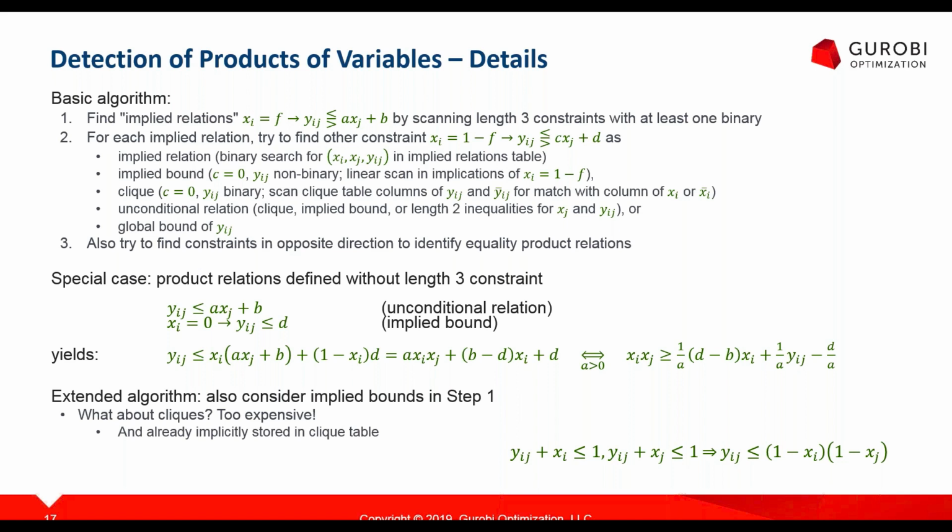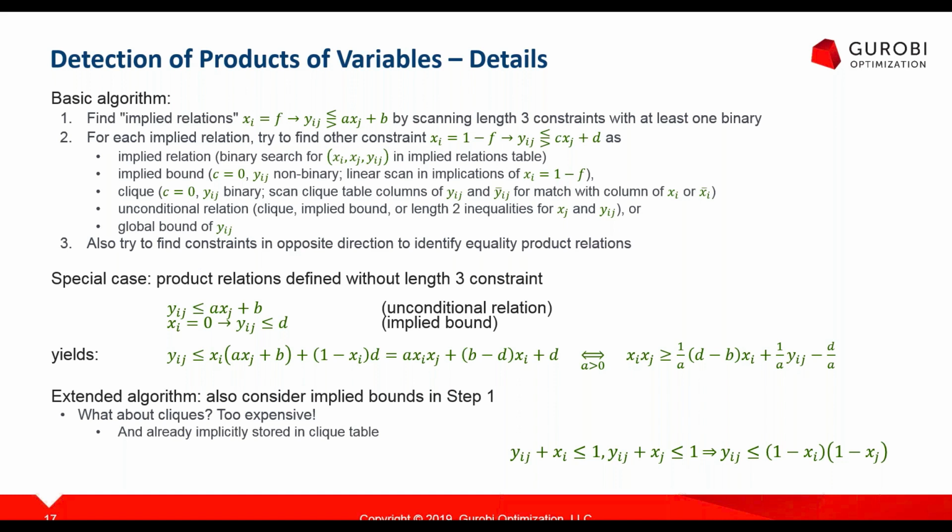Question is, how can we detect it? Because we don't have any length 3 constraint to start with. But we can start with the implied bounds that we have stored in our implied bound tables. The problem here is just that if we only have an implied bound, we only know 2 out of the 3 variables that we are looking for. So that makes the detection algorithm a little bit more complicated.